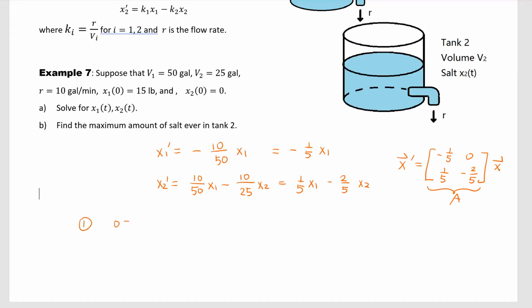We look at the characteristic equation, A minus lambda I, so we subtract lambda from the diagonal elements and the other entries stay the same. Then cross multiply, but negative.